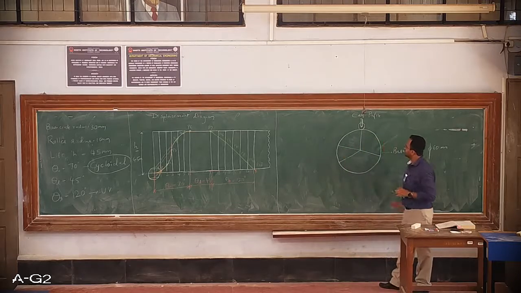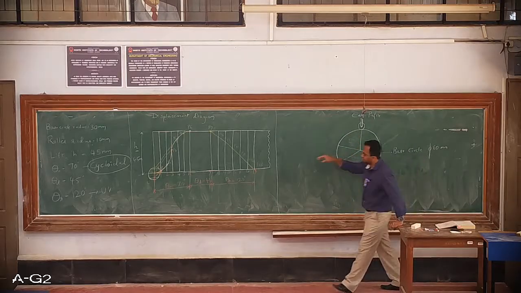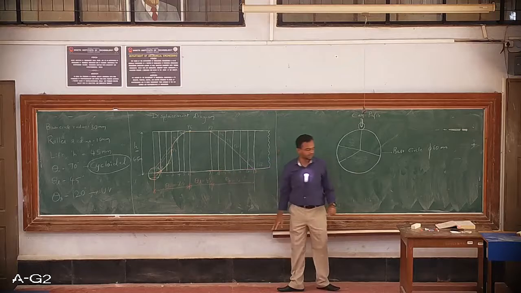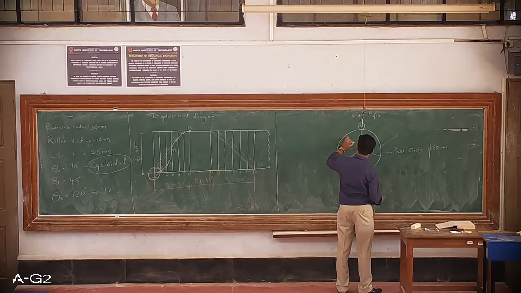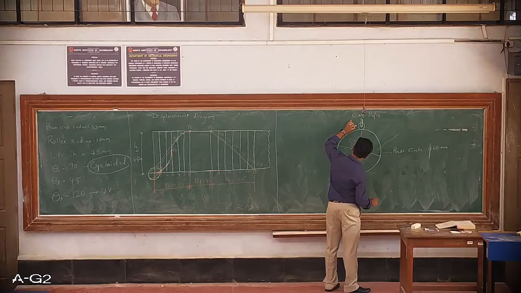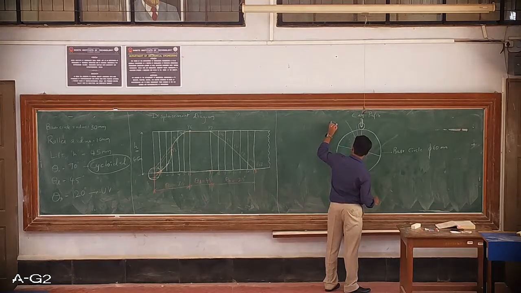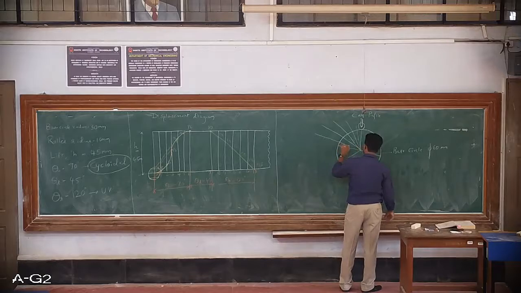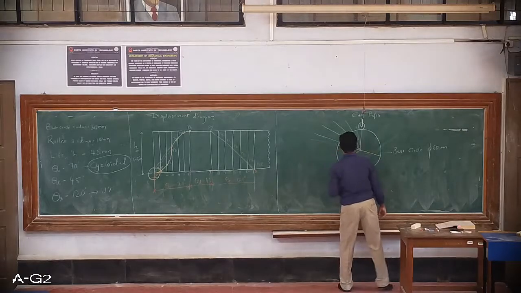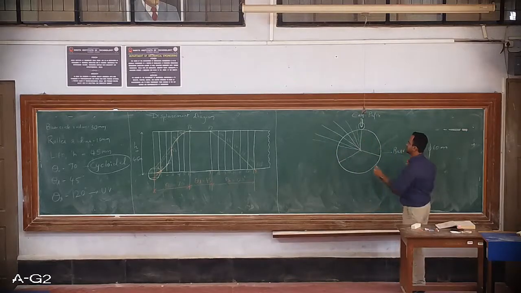In the next step, I will again divide the rise stroke and return stroke into 6 parts as we have done here. The same procedure. After dividing them, I am again joining them with the radial lines extended as we have seen in the previous lecture. Okay, 6 divisions, let me name them.